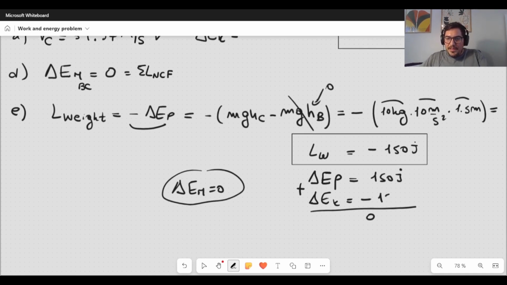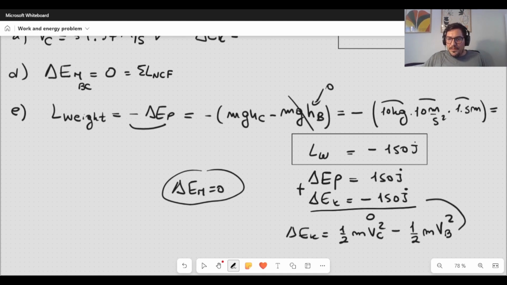So the change in the kinetic energy should be minus 150 joules. If you want, you can also calculate this value like 1/2 of the mass, velocity final, in this case velocity c squared, minus 1/2 of the mass, velocity in b squared initial, because we are comparing b and c. And you'll check that you obtain the same result.